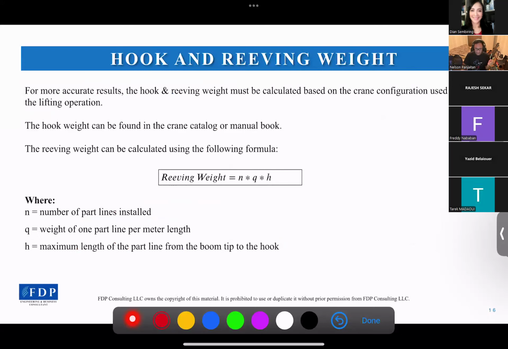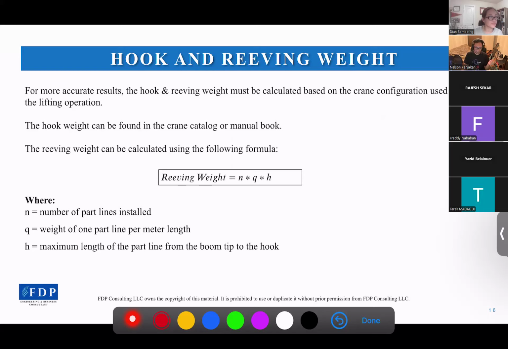We continue to the hook and reeving weight, or sometimes this reeving is called the part line. This weight must be calculated based on the actual condition of its crane. What is the actual hook type? What is the actual boom length? How many part lines are attached to the hook? What is the working radius, and how high is the boom tip? All these things will impact the hook and reeving weight.